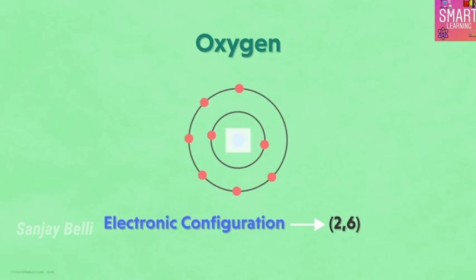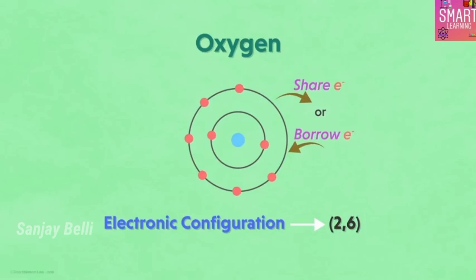So how will it achieve its stable state? What can be done to have 8 electrons in the outermost orbital? Yes, oxygen can borrow or share electrons with atoms of other elements, right? Absolutely. This is how chemical reactions happen. Wait a second.